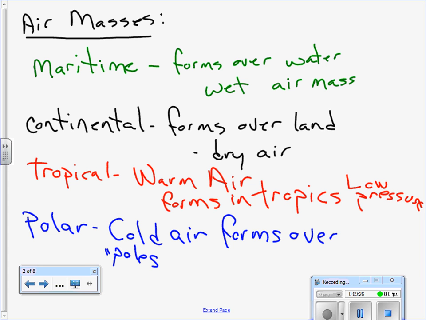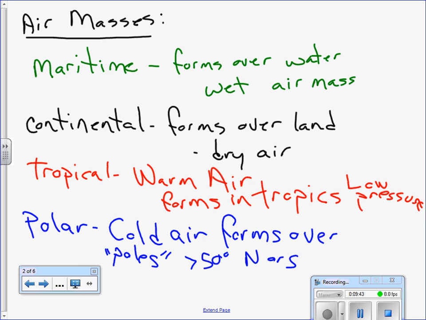So not exactly over the poles, but greater than 50 degrees north or south. But what you need to remember is that it's a cold air mass because it doesn't form in the tropics. It forms more over the polar areas.